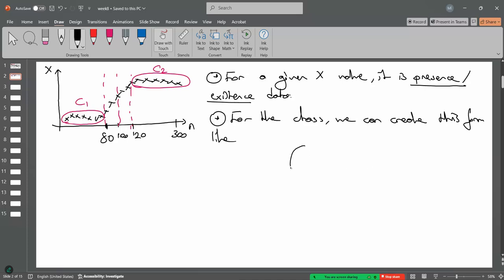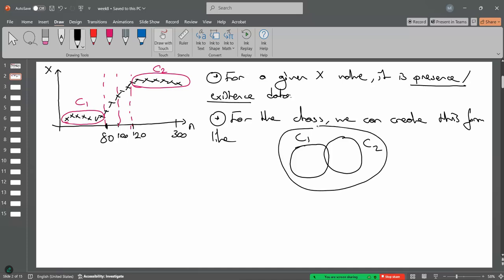For example, we have the C1 class in here, and we have the C2 class in here, and also we should draw the main circle in here as an x, because the C1 and C2 only happen for a given x, or the presence or existence of the x.